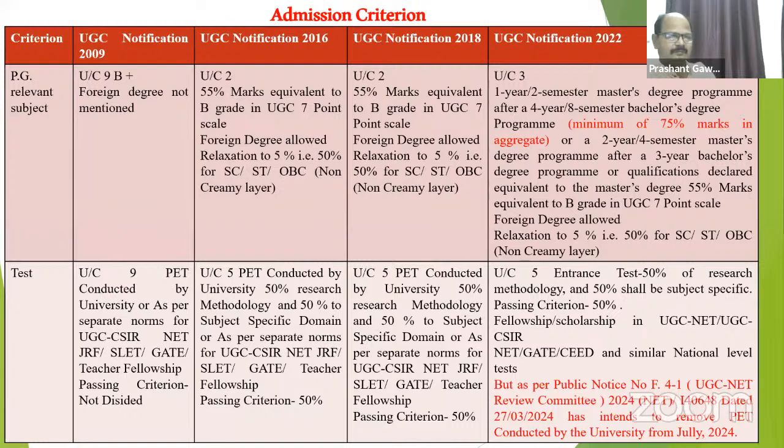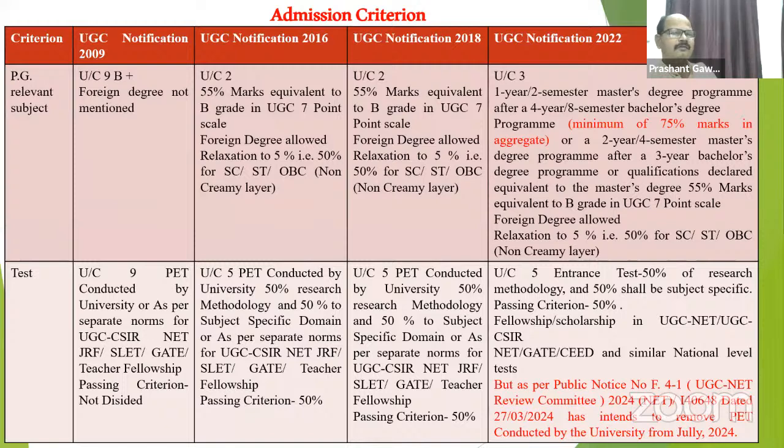Though another schedule is available for the reservation, that's why all these reservation categories are treated under this relaxation clause. Under clause 2 again, this similar is the case during 2018. Now under the UGC regulation 2022, there is a major change.